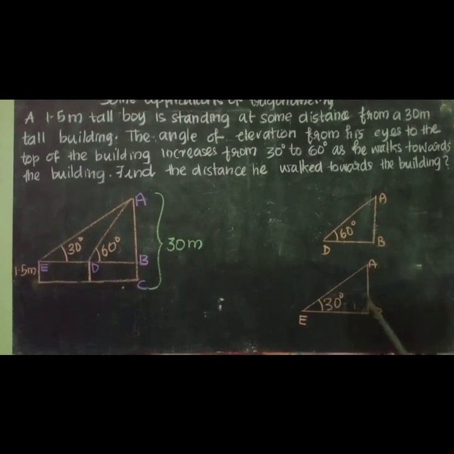So in both cases, we need only the length of AB. Here, length of AC is given 30 meter. How can we find out this AB? Here you can see this 1.5 meter is the height of the boy. So this BC will be 1.5.